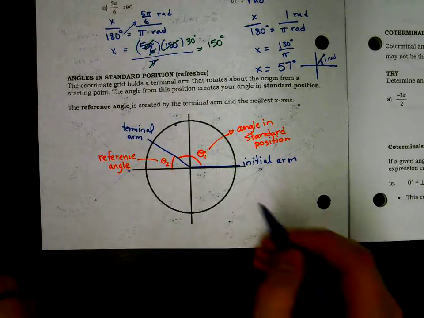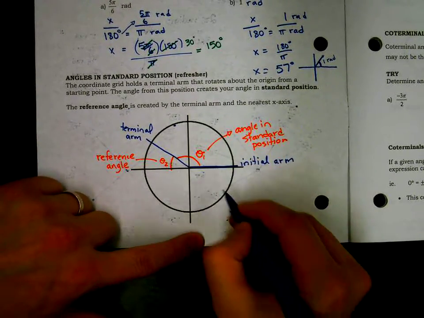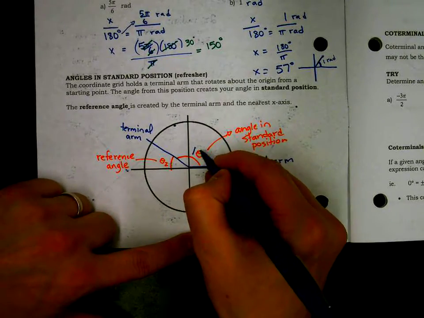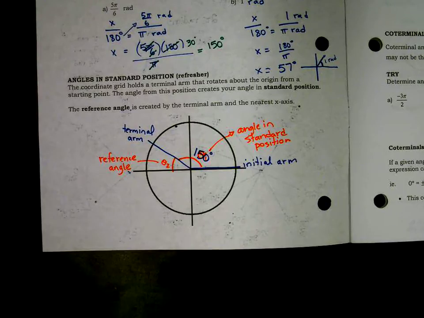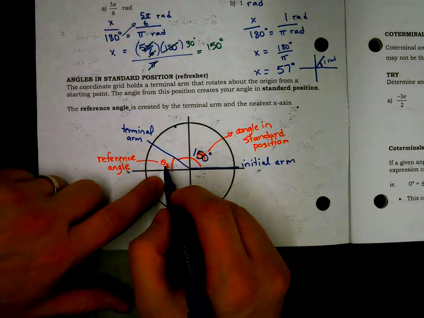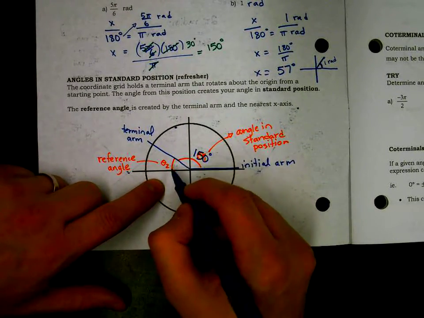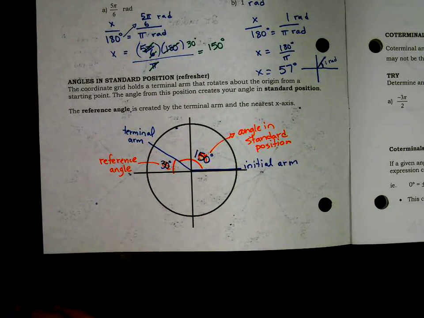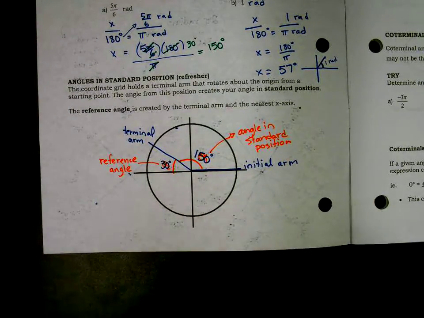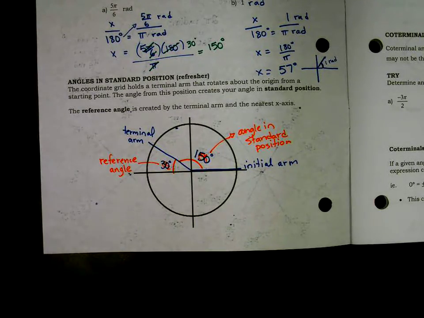For example, if I were to say theta 1 is 150 degrees, what would your reference angle be? In this case, you could take 180, subtract the 150, and you would end up with 30 degrees. There's always a little bit of troubleshooting or problem solving between the two.